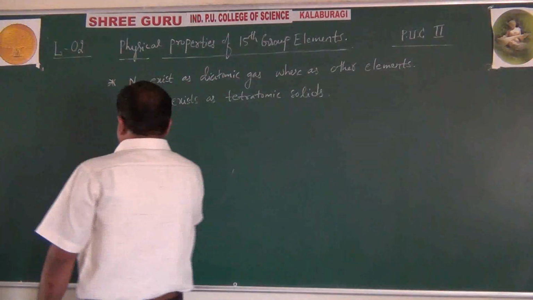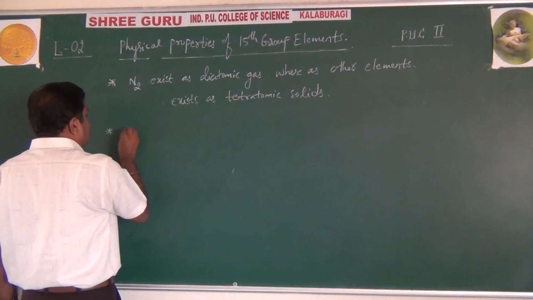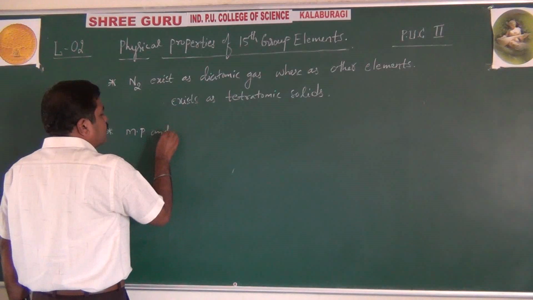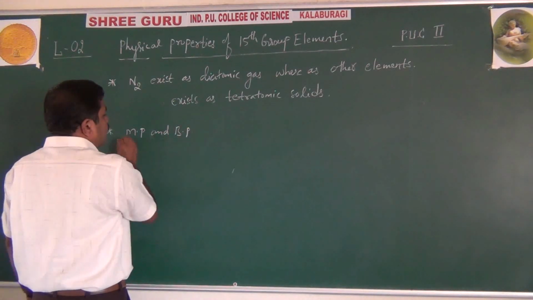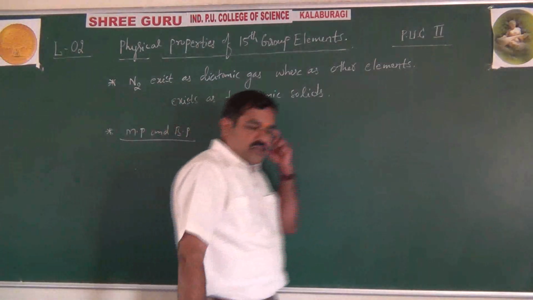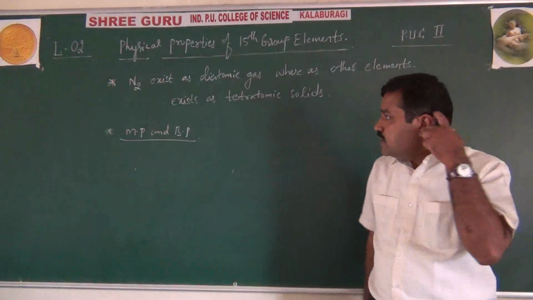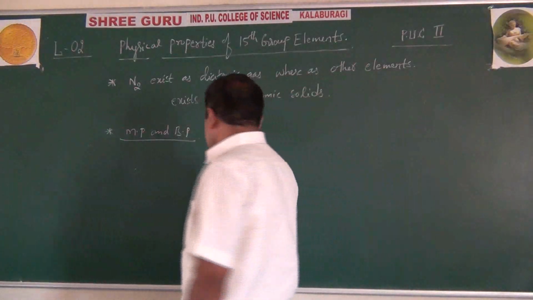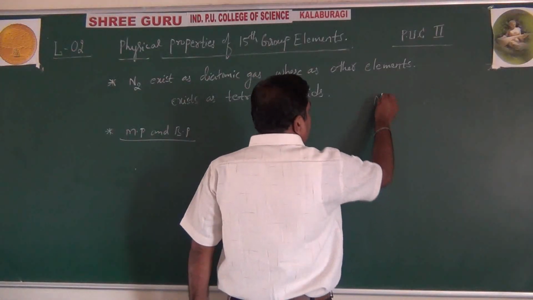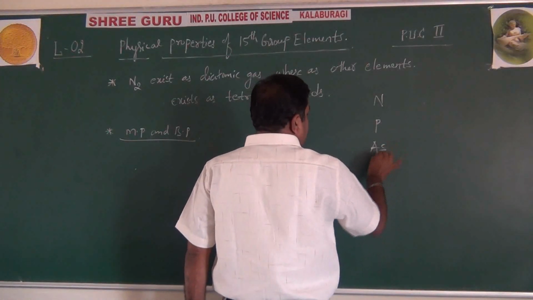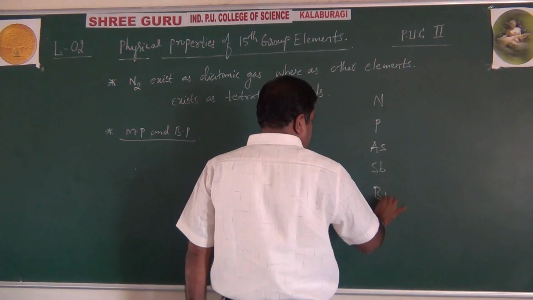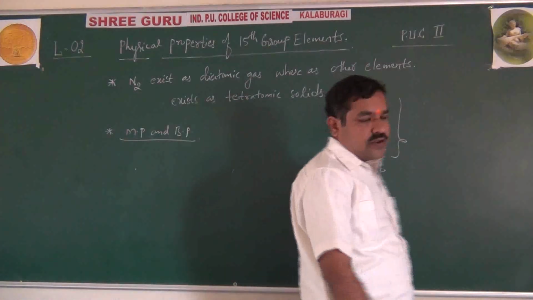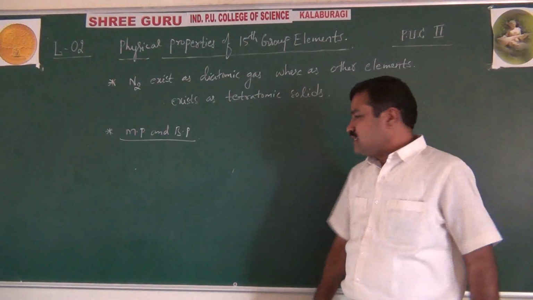Then regarding melting point and boiling point. From nitrogen to phosphorus to arsenic to antimony to bismuth, from nitrogen to arsenic generally melting point and boiling point increases.